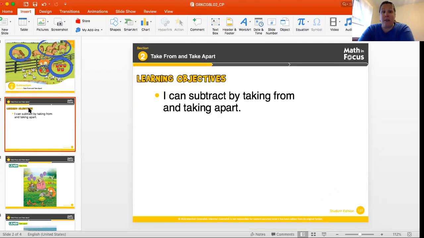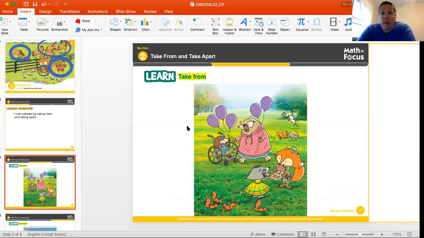Let's keep going. And I want you to learn that you can subtract by taking away from and taking apart. Let's look at this one. We see the fox is sharing some muffins with his friend, the raccoon.